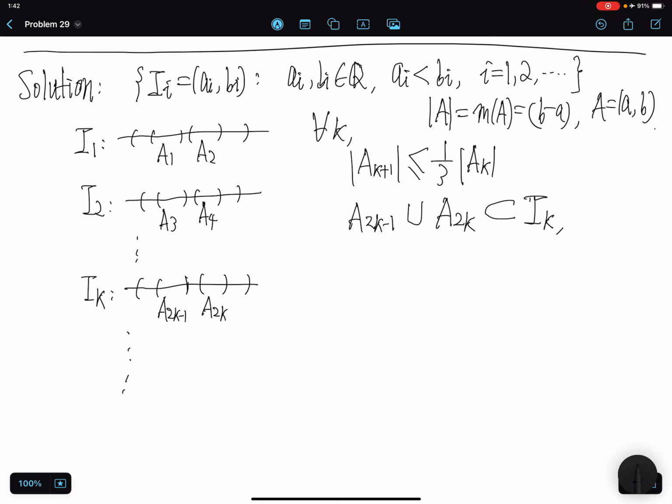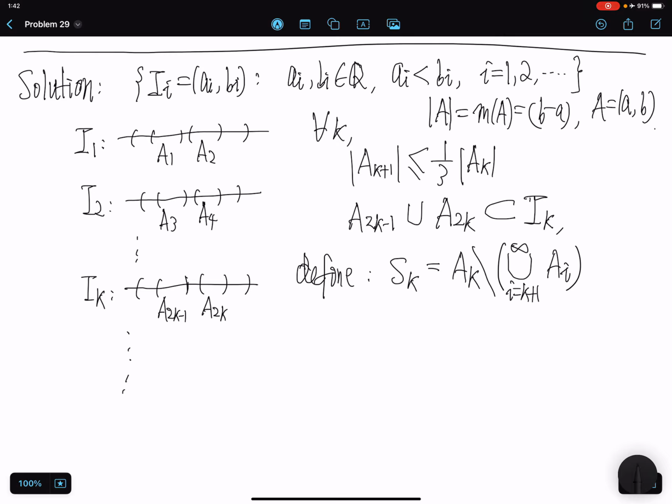Now from here, we also define another set, for any k, called S sub k. What we want is, from A sub k, we subtract the union over i from k plus 1 to infinity of A sub i.